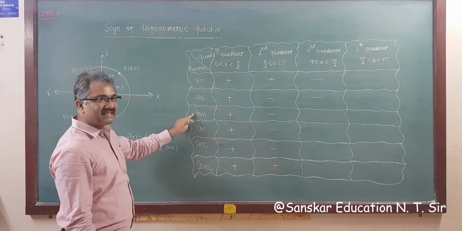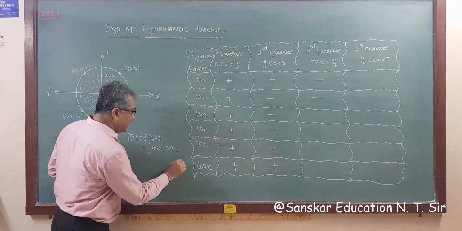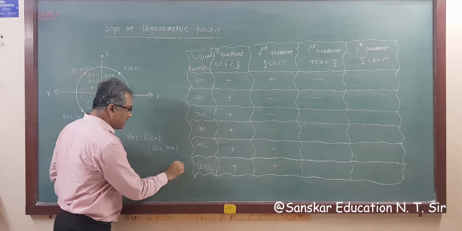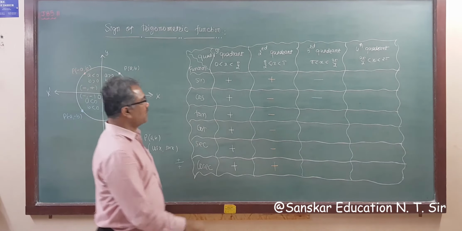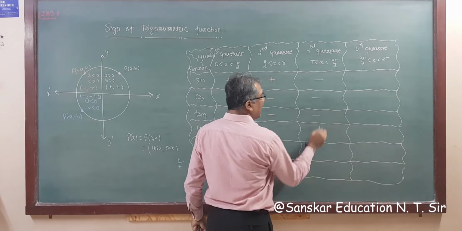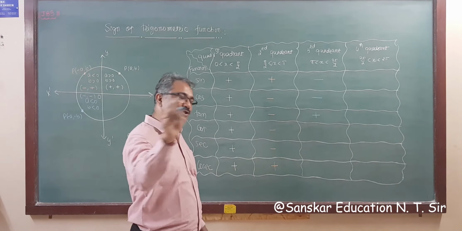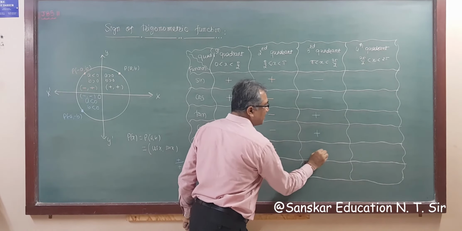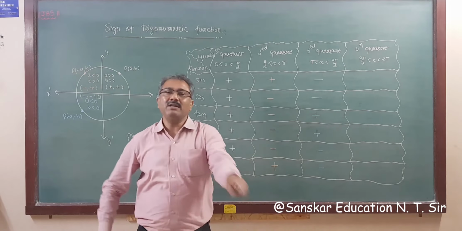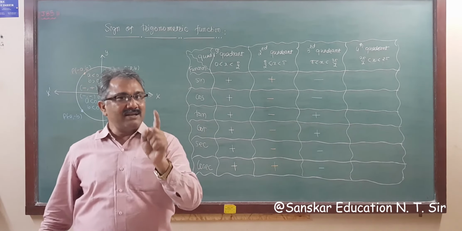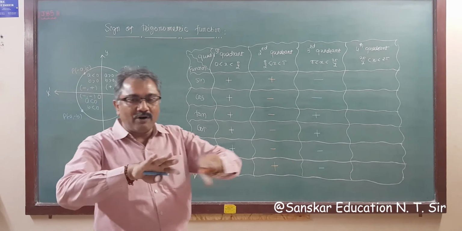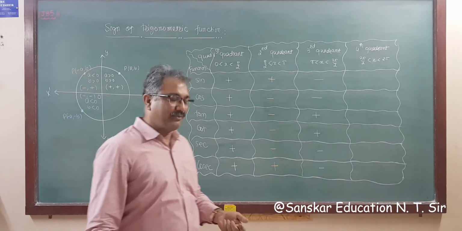Now tan is sine upon cos, sine negative upon cos negative, so minus minus becomes plus, so tan is plus, and its reciprocal cot is also plus, and all the rest are negative. So in the third quadrant, tan and cot are positive, and all four other functions are negative.